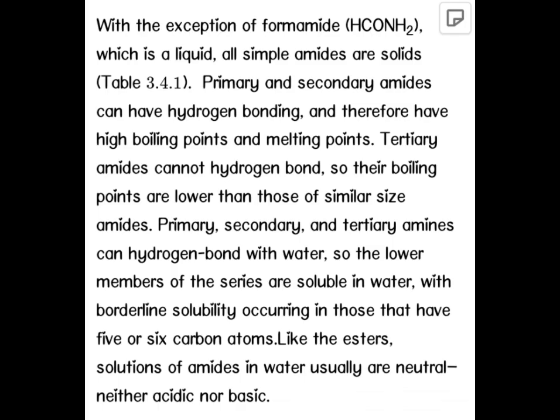With the exception of formamide, HCONH2, which is a liquid, all simple amides are solids. Primary and secondary amides can have hydrogen bonding and therefore have high boiling points and melting points. Tertiary amides cannot hydrogen bond, so their boiling points are lower than those of similar size amides.